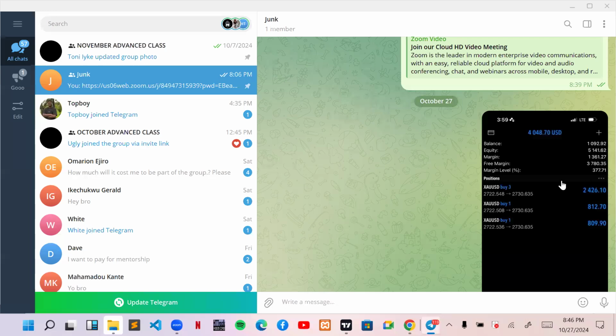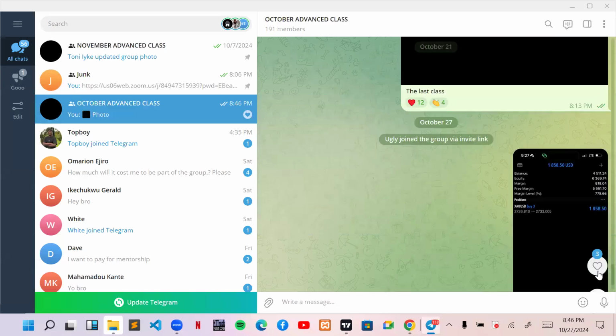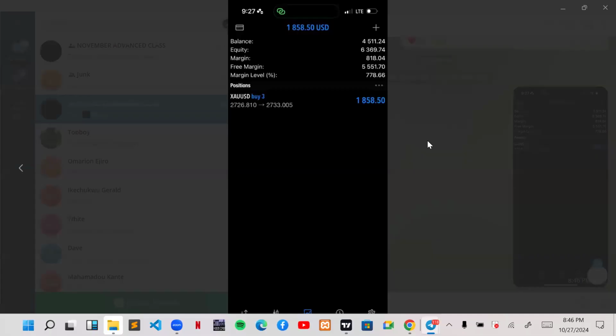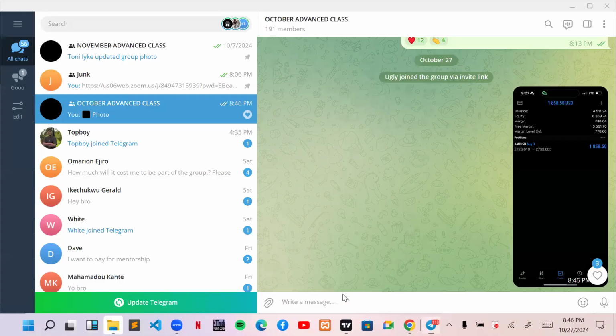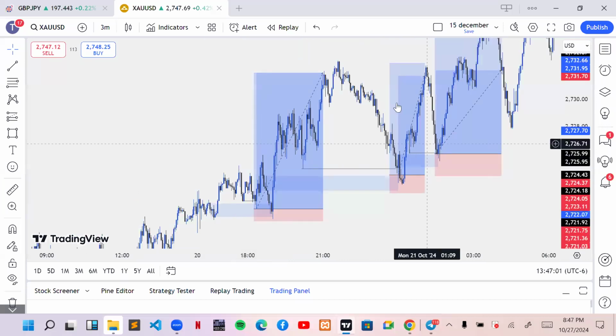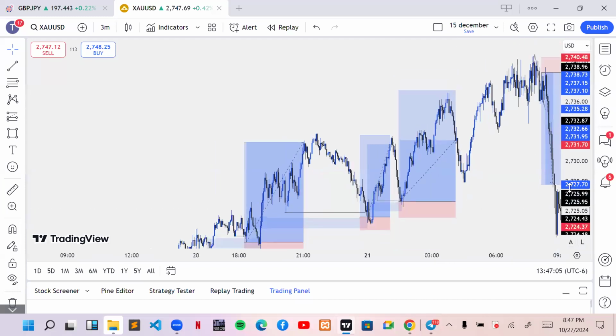Then the second buy, I don't think I analyzed the second buy. I was not active when the second buy hit, but I think it was the third buy that I caught, which is this. So this was the third buy on gold. This was that first one that I showed, and this one I was sleeping when it triggered. Then I took this one. So that was just it.